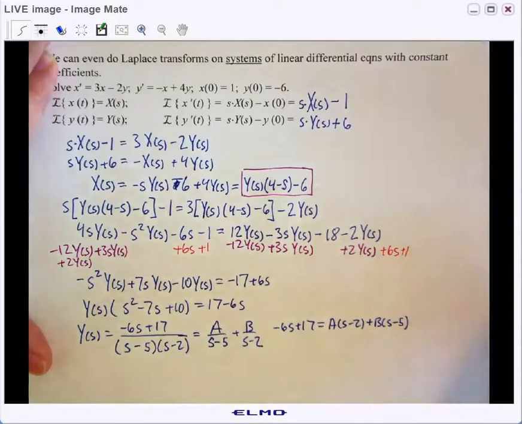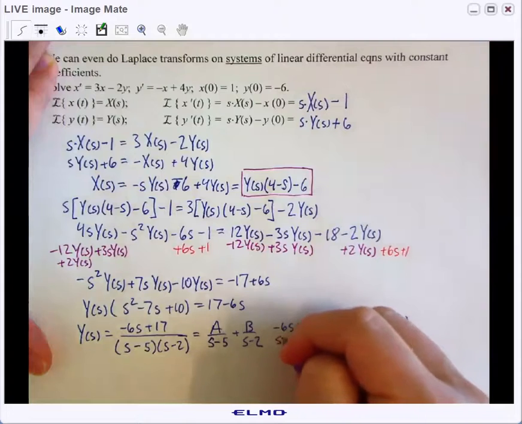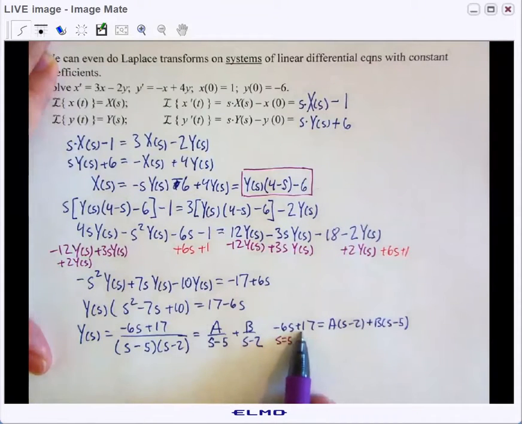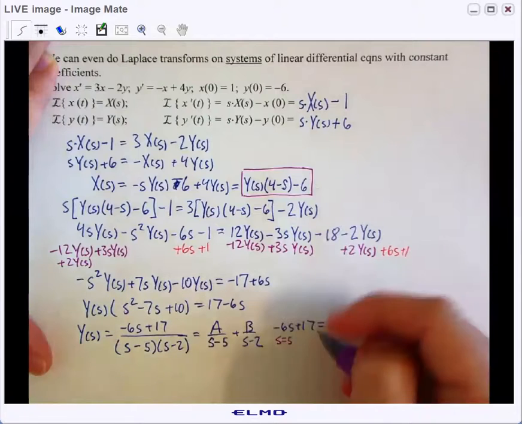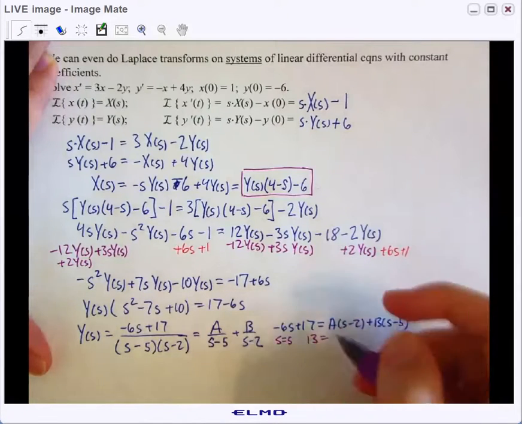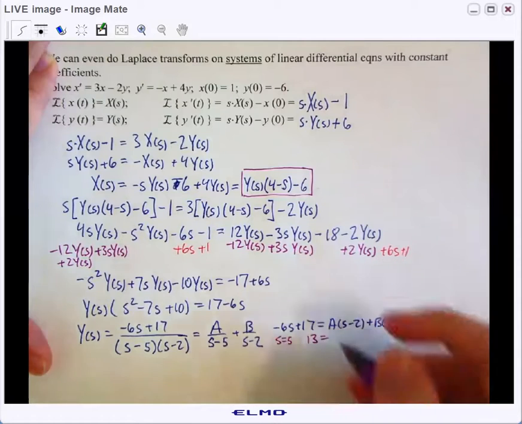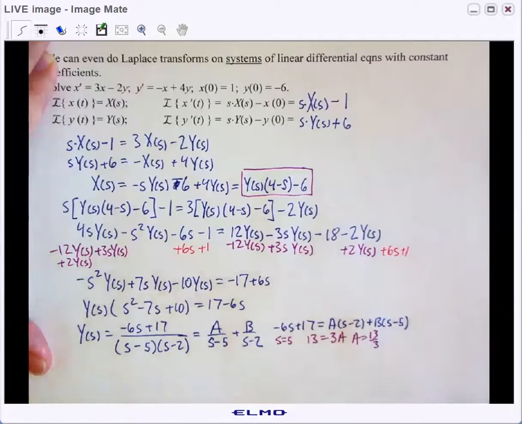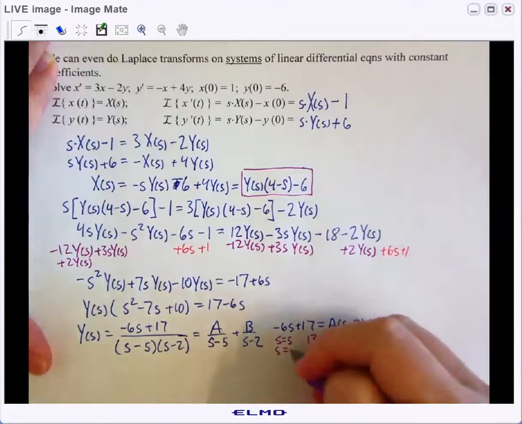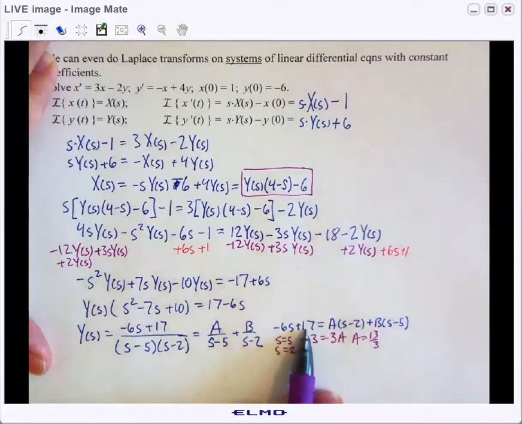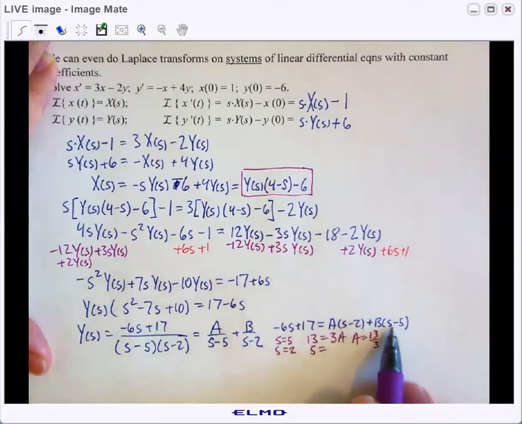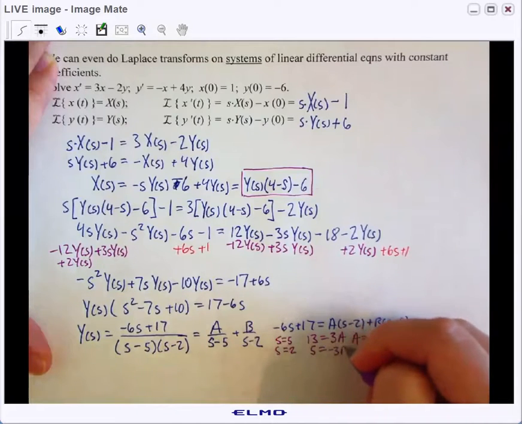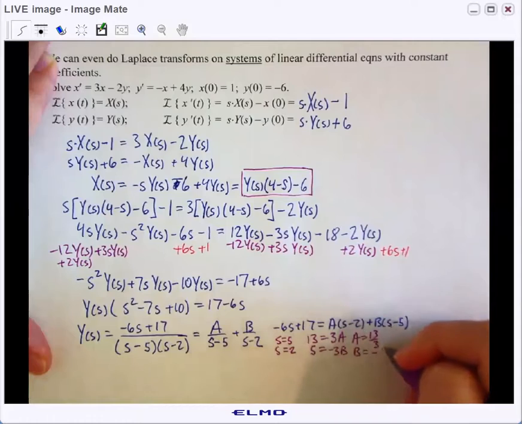Setting s equals 5, we're going to have negative 30 plus 17, which is negative 13, equal to A times 3. So A should equal negative 13 thirds. And if we set s equal to 2, that's negative 12 plus 17, which is 5, equal to, let's see, 2 minus 5 is negative 3, so negative 3B. So B should equal negative 5 thirds.